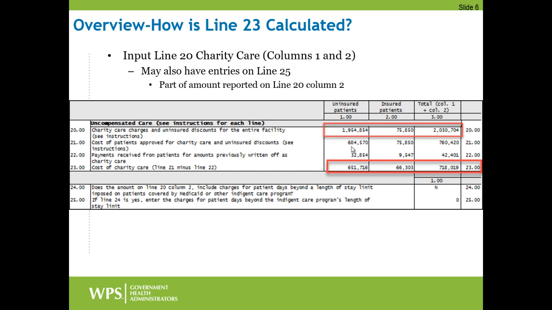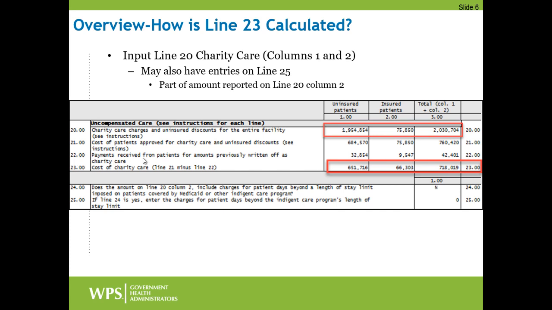So in this case, the underlying cost of these charges for these services that were not compensated is $684,570. So these are the amounts that are flowing through. These are uncompensated costs at this point, but some of them were actually paid, so they were compensated.